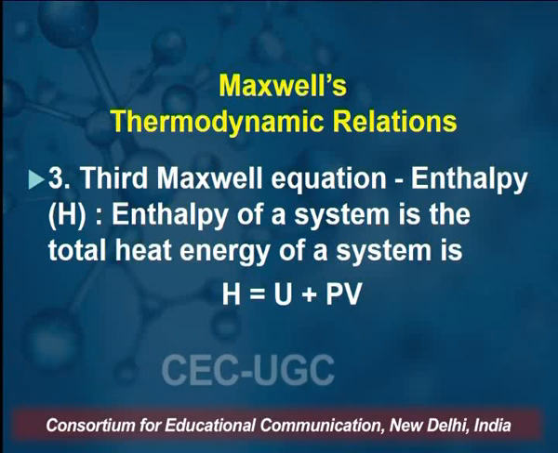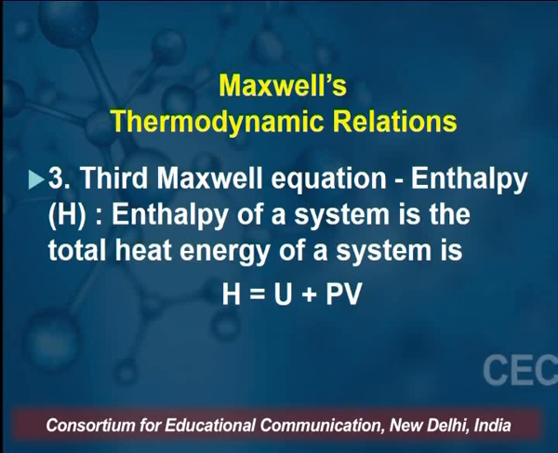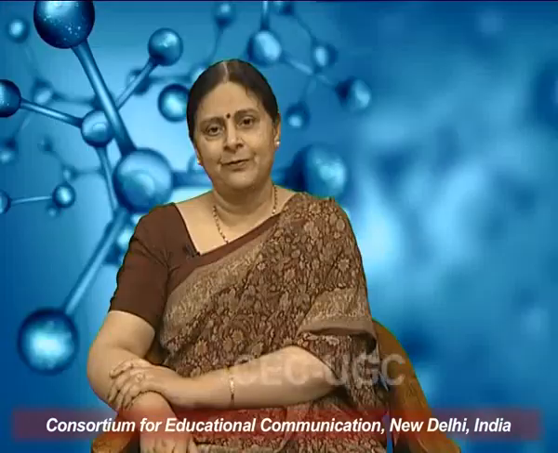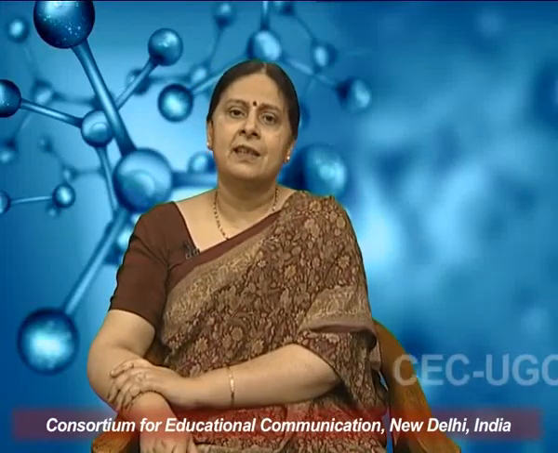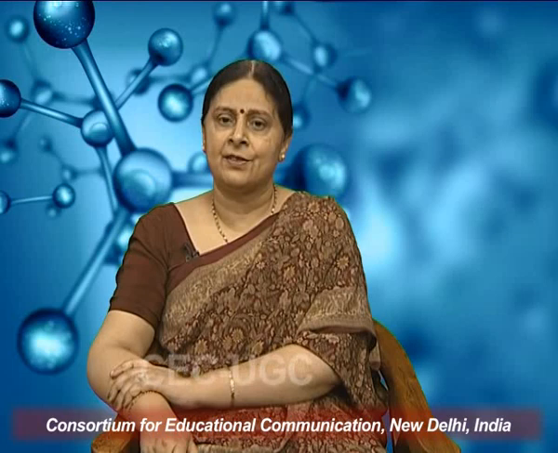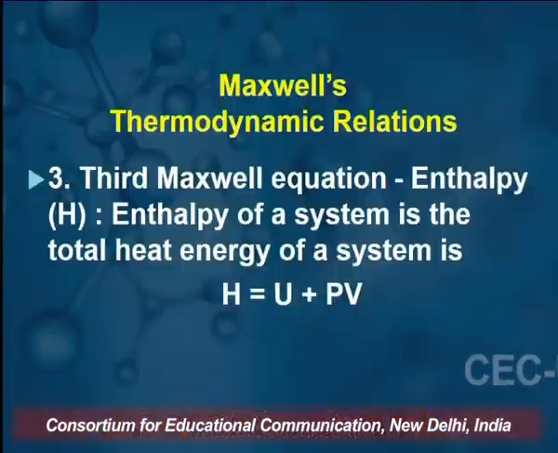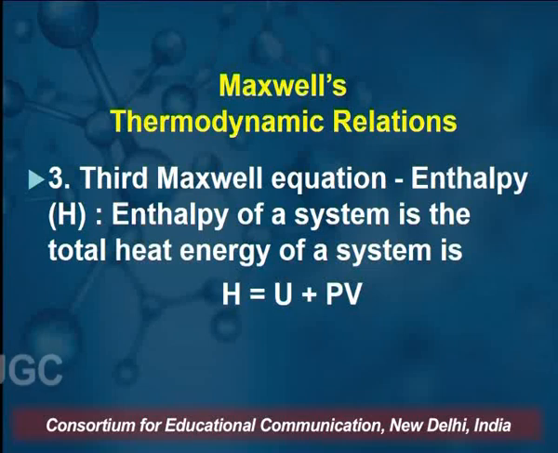Now let us derive the third Maxwell's equation. To derive the third Maxwell's equation or relation, we will use the third thermodynamic potential, that is the enthalpy. As seen in the previous lecture, enthalpy of a system is the total heat energy of a system and is defined as H is equal to U plus PV.